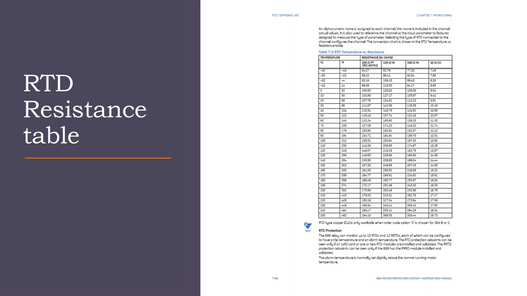So the more resistance the relay detects, the higher the temperature. And the relay has a lookup table. In fact, this is the exact lookup table that it will use to translate the ohms into the temperature.